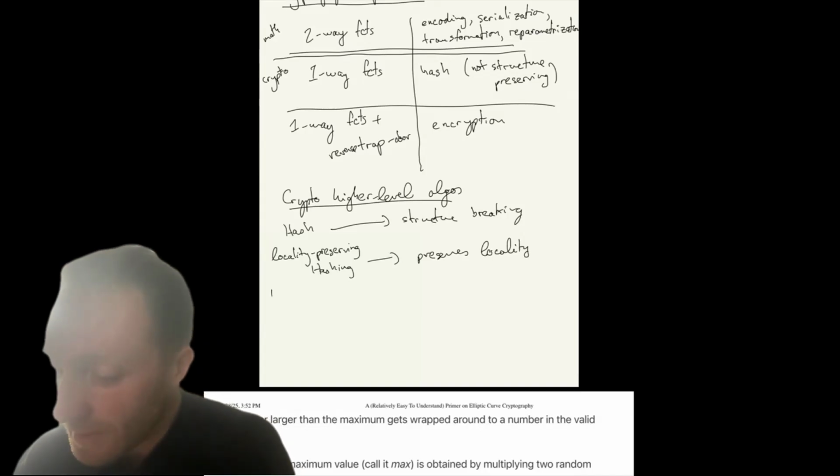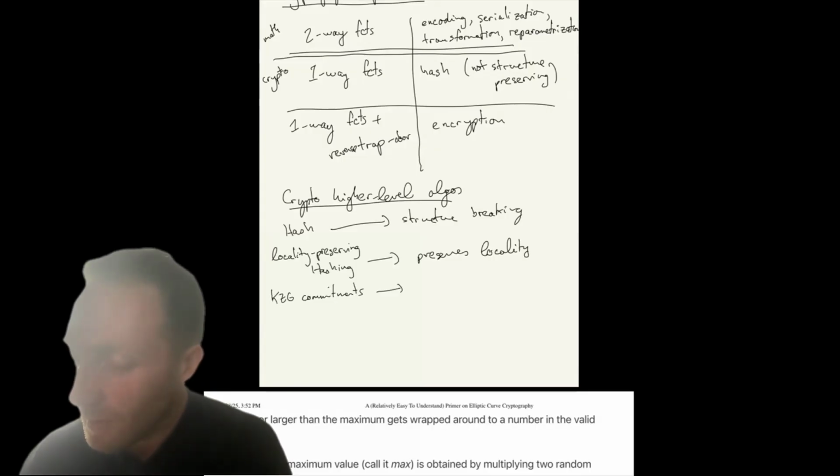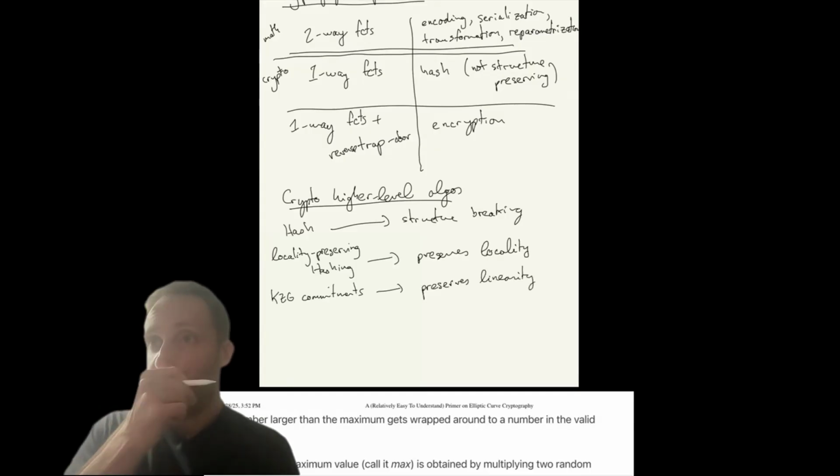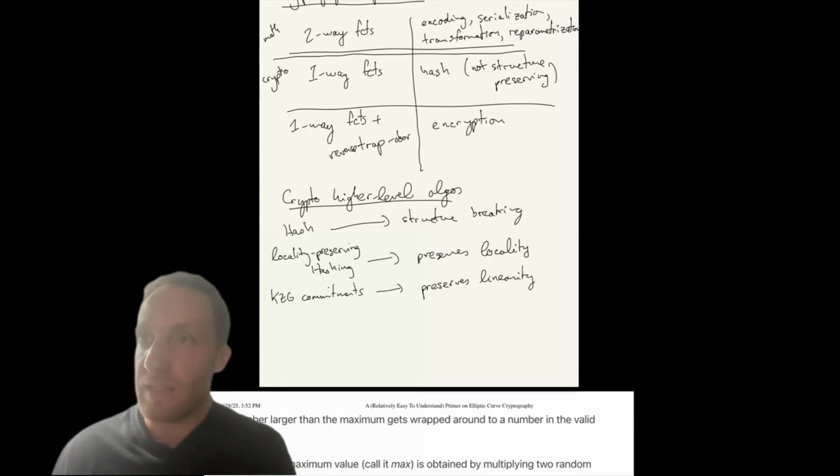And okay, we can talk about KZG commitments, which we will get into at a much later stage. But KZG commitments, it's kind of a hash in a sense, but it preserves the linearity, the linear structure.